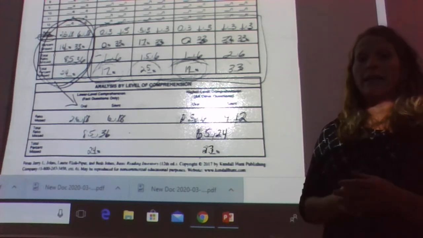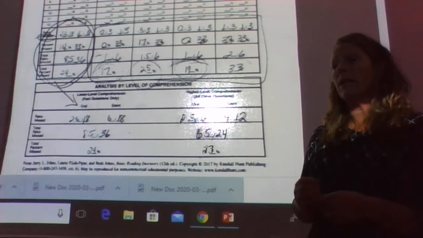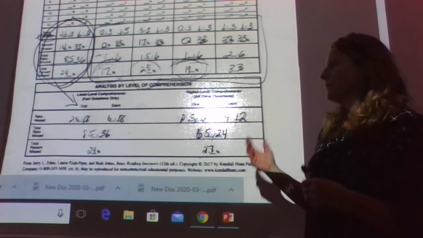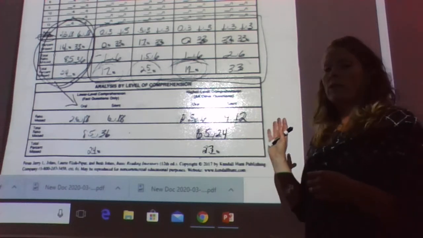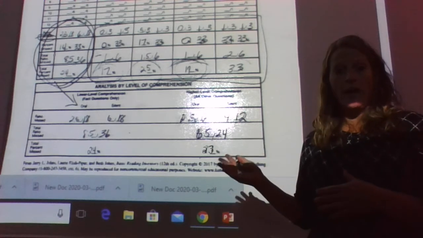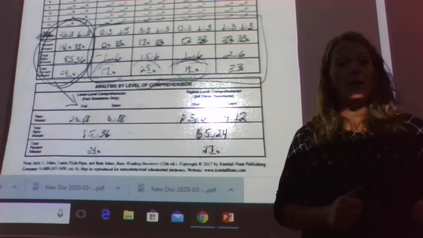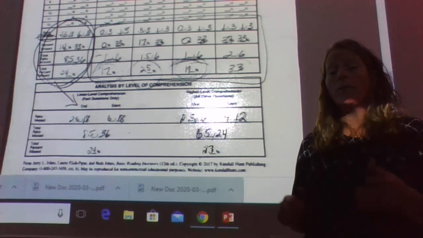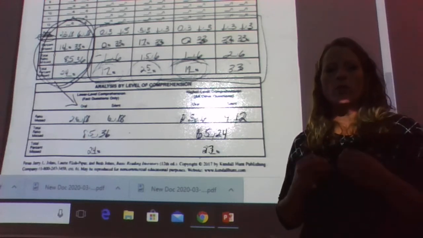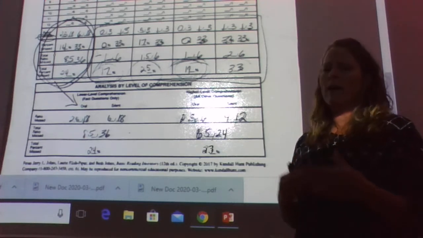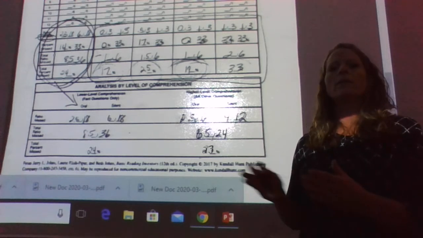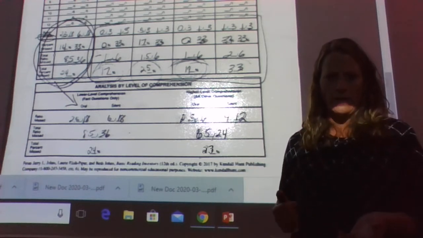You can send it to me, and I can mark it up and send it back to you, and tell you where I think you might have an error, because it's really important that we do this form accurately, and the form prior to it, the qualitative analysis form, because that's where we're going to get a lot of good information about our reader. And if we have incorrect percentages, that's going to lead us in the wrong direction.